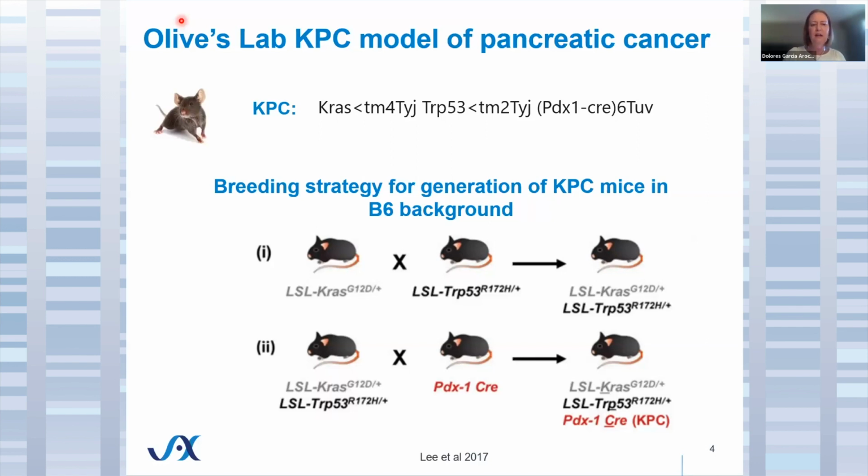In the next slide, I wanted to point you to the MGI database to appreciate the curated information that you may find on Cre-Lox models, using the Olive KPC model as an example.